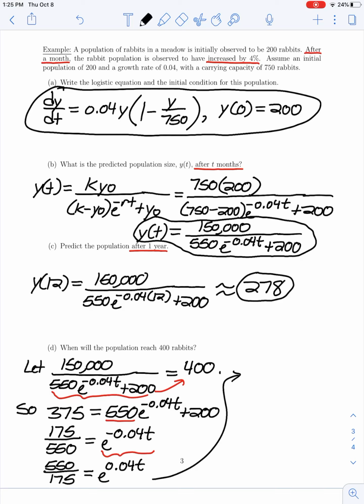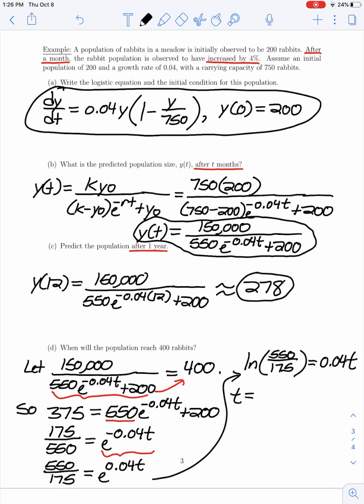And from here, to solve, I would take the natural log of both sides, giving me natural log of 550 over 175 is equal to 0.04t.